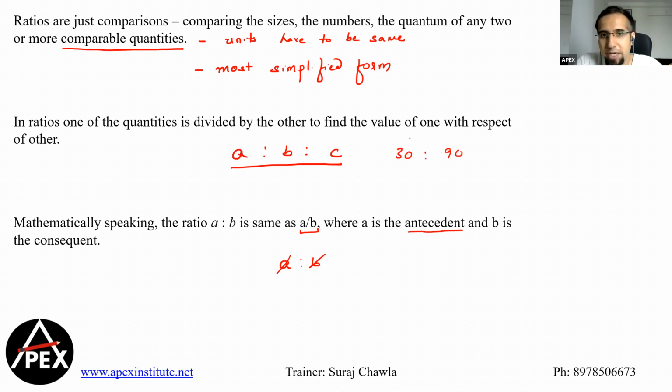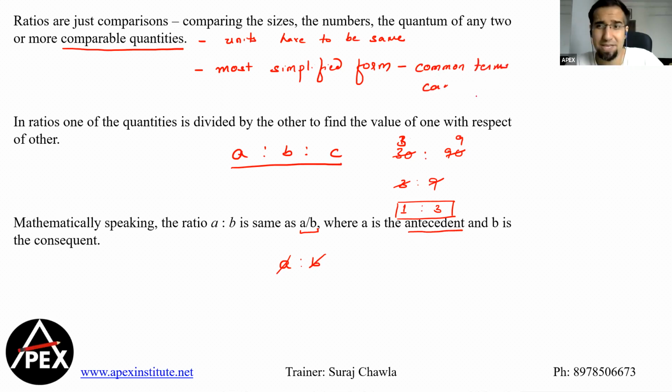I can write this as 3 tens, or let's say 10 threes, and I can write this as 10 nines. So 3 is to 9 is not the most simplified part. This can be further cancelled. This is 3 ones, and this is 3 threes. So we cancel out all the common terms. Simplified form means all the common terms on both sides should be cancelled out. Clear? Very easy basics to start off with.